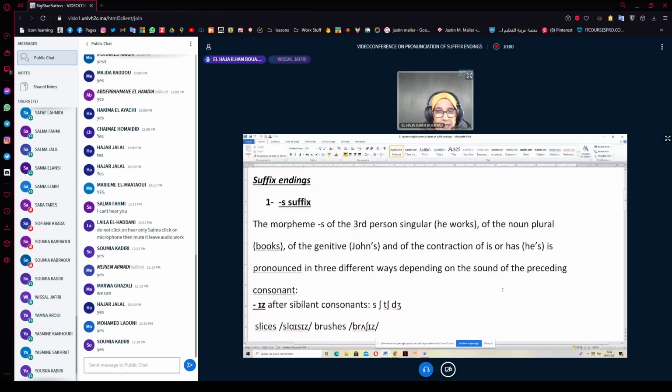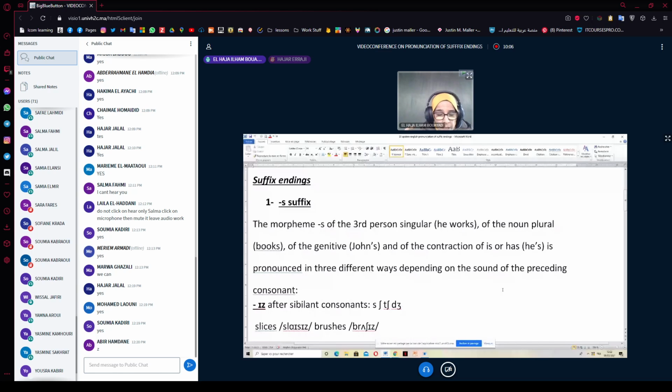Dog, dogs. What's the sound that you hear for the S? Normally the rule is to add the S in the plural. But while pronouncing this S, it's not always pronounced as S. It might be pronounced S in cats. It might be pronounced as Z in dogs. You don't say dogs with an S, you say dogs with a Z.